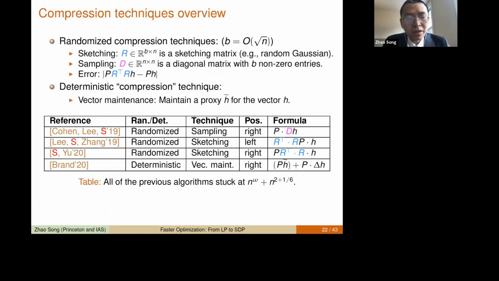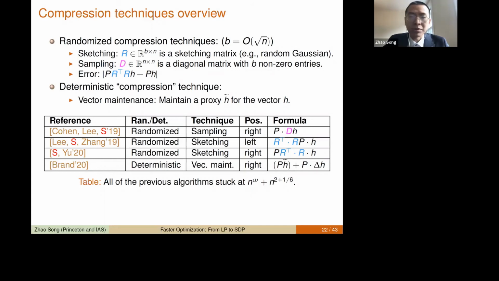The first paper is the first n to the omega paper, the joint work with Cohen and Lee. In this paper we use a sampling technique, and we put the diagonal matrix D between the P and H. In the second paper, we put the sketching matrix on the left-hand side of P. In the third paper, we put the sketching matrix between the P and H. And in the last paper, Brand used some vector maintenance idea to actually handle the H vector.